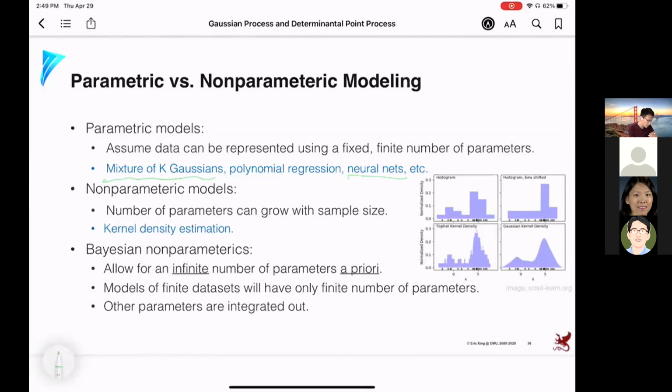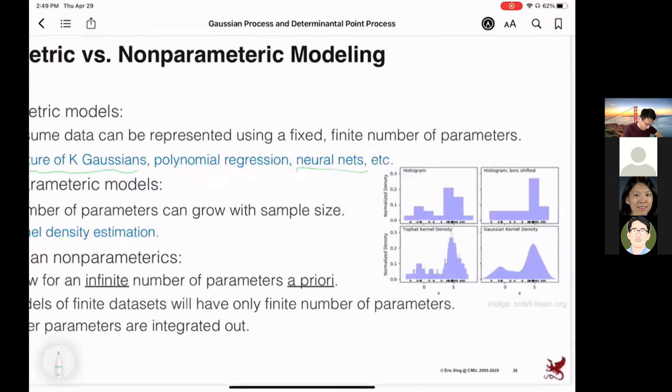The number of parameters is actually changing. Sometimes people refer to this as non-parametric models having infinitely many parameters. Personally, I found this kind of claim might be a little bit misleading, because what's really going on is that the non-parametric model's number of parameters increases as you get more data points.